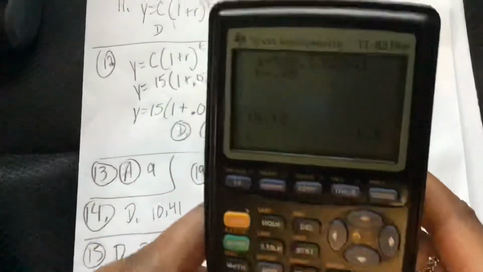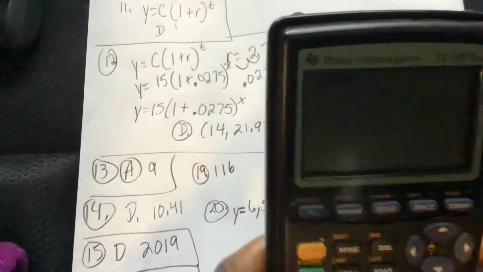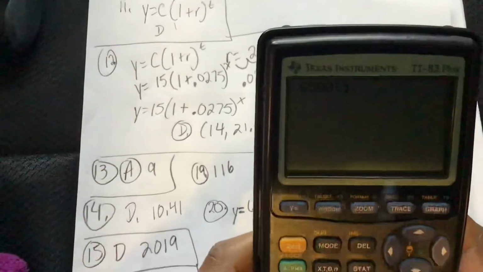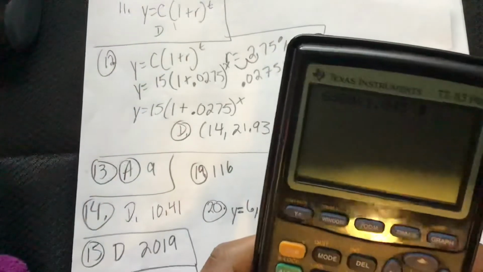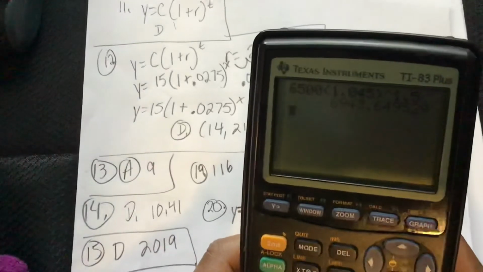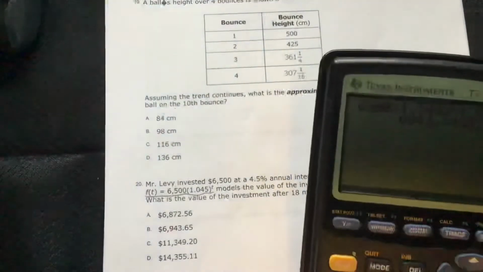All right, so we have 500, parentheses, 1.045, and then look, parentheses, caret key, 1.5. Okay, and so that's what we have there.